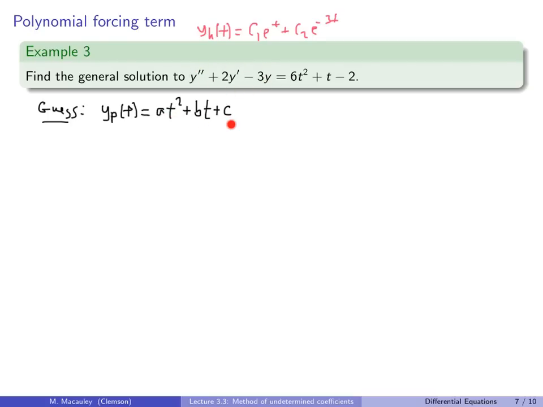You're going to have 3 unknowns, a, b, and c, and you can set that equal to the coefficients on the right-hand side, 6, 1, and negative 2, and solve.